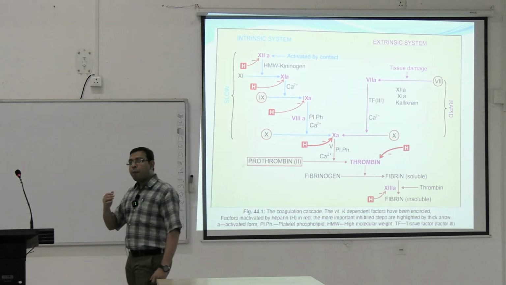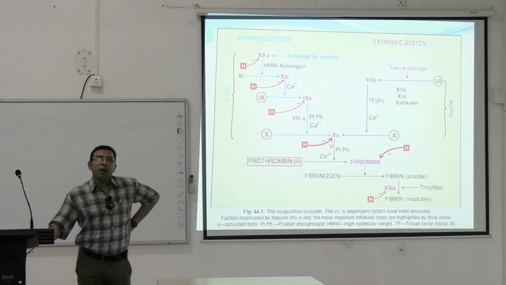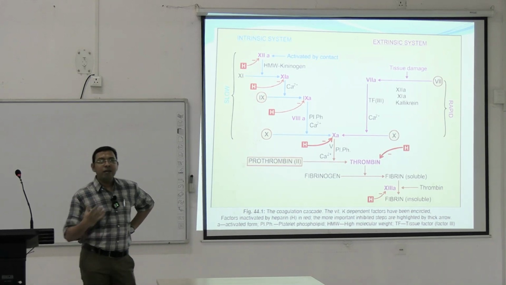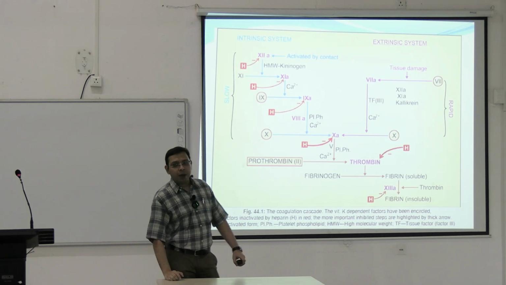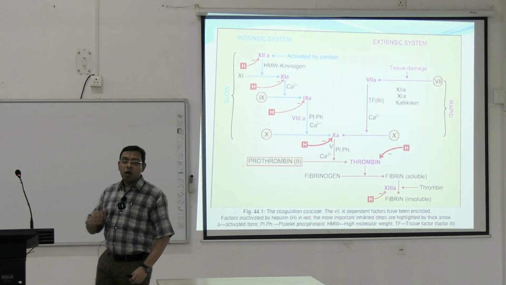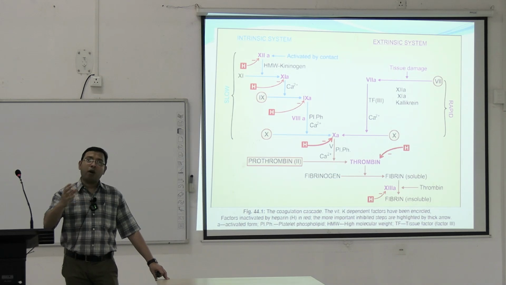But the problem with streptokinase is that there may be bleeding at intracranial sites, intracerebral or intracranial bleeding. Since it is obtained from streptococcus species, there is always a chance of antibody formation.